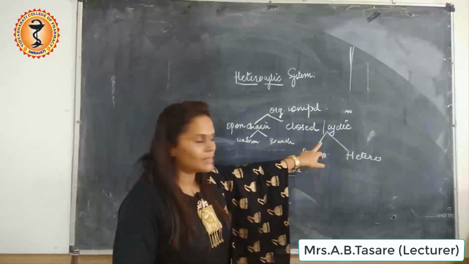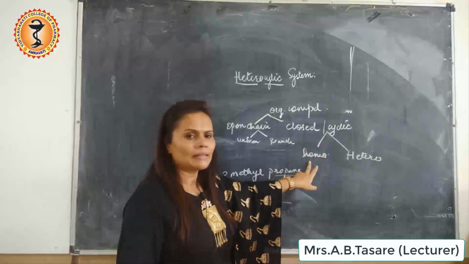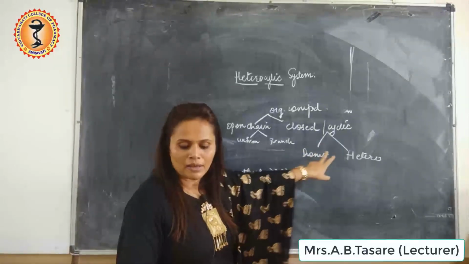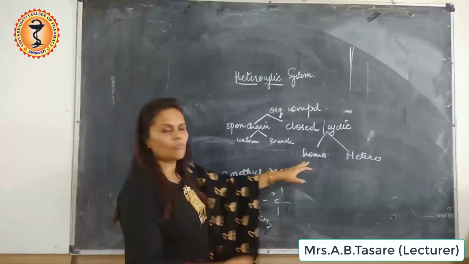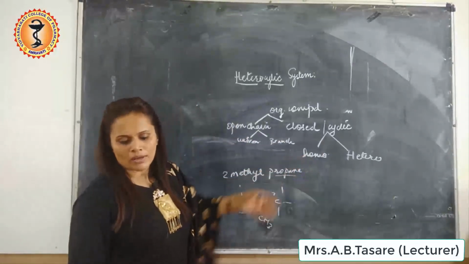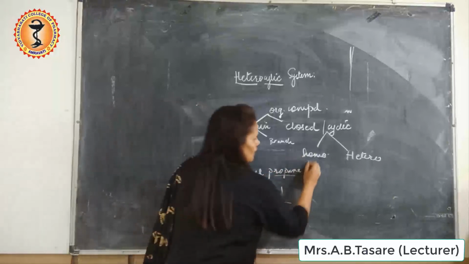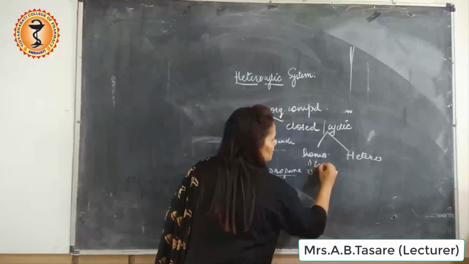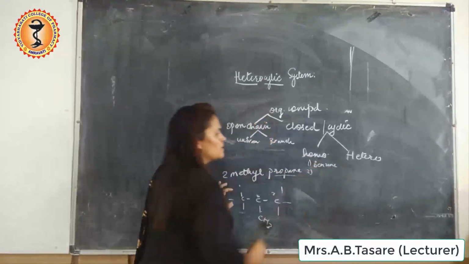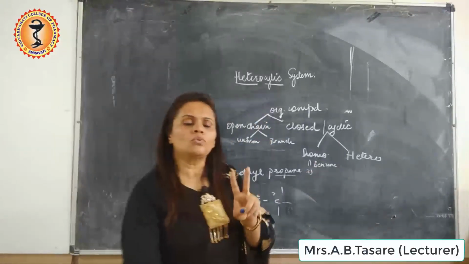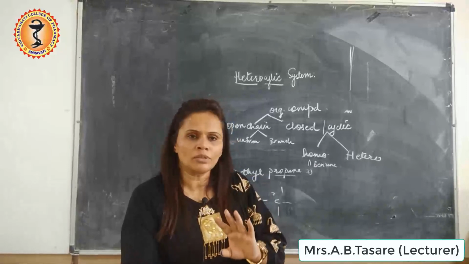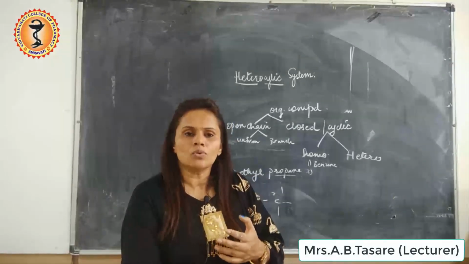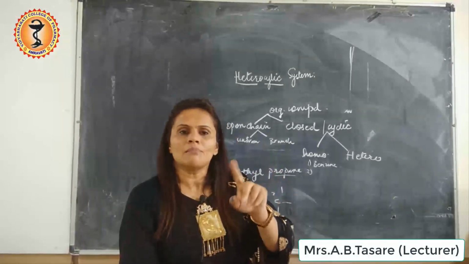So when we say cyclic, it is categorized as homocyclic and heterocyclic. A classic example of homocyclic is benzene or cyclohexane. Benzene has only carbon and hydrogen atoms, all in a similar fashion.